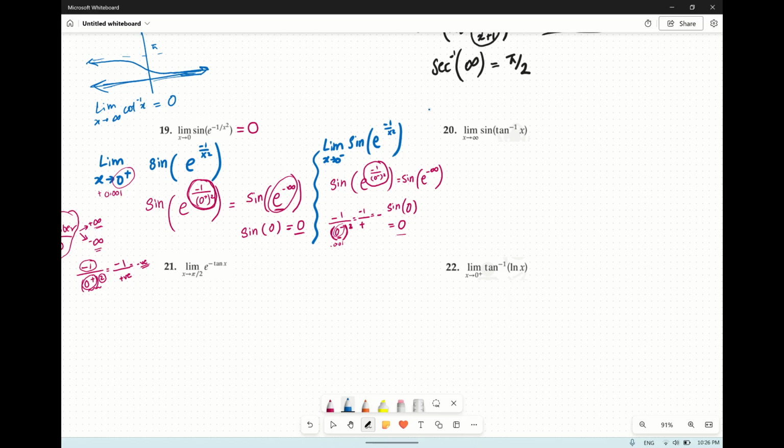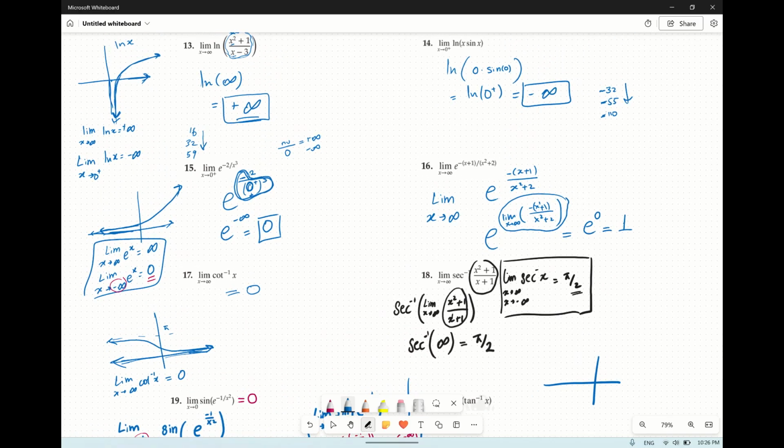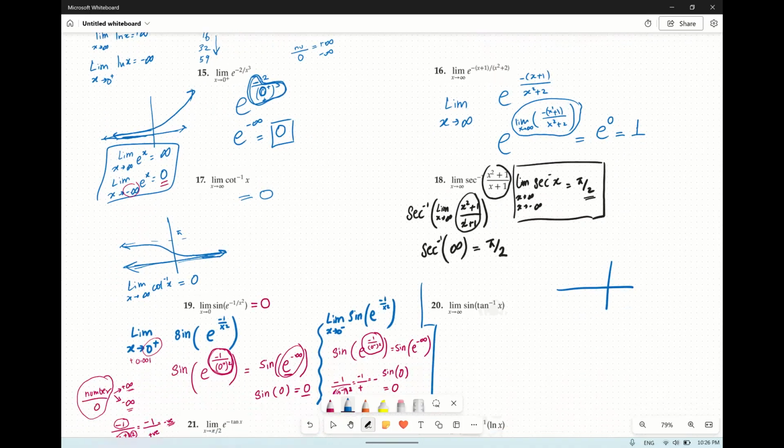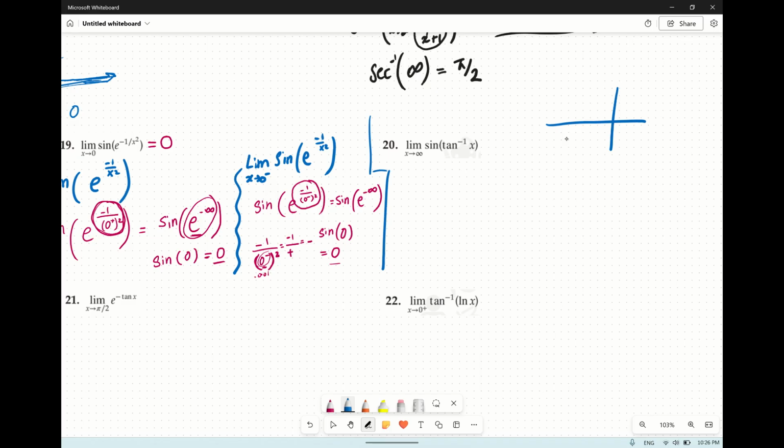Now, coming to question number 20, limit as x approaches infinity. For the tan inverse, I explained it in a previous recording. The graph of tan inverse looks like this.